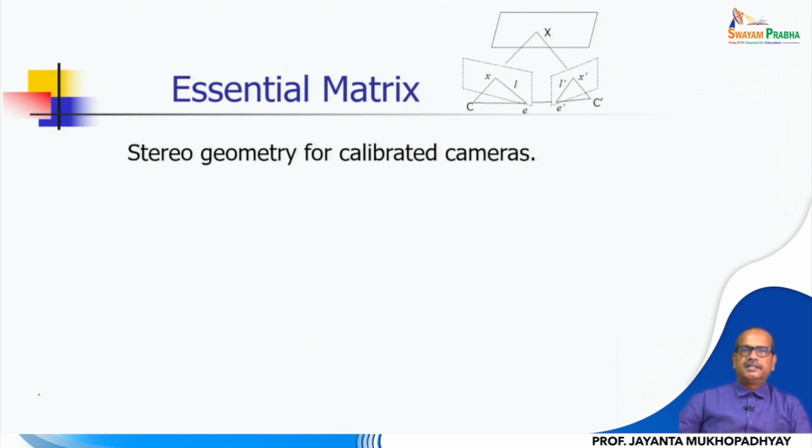Now, let us consider the relationships in an essential matrix. We have already seen that a special case of the fundamental matrix is called the essential matrix, and that special case is the calibrated camera. In a calibrated camera, I take the rotation and translation as parameters R and T, and K and K prime are known.